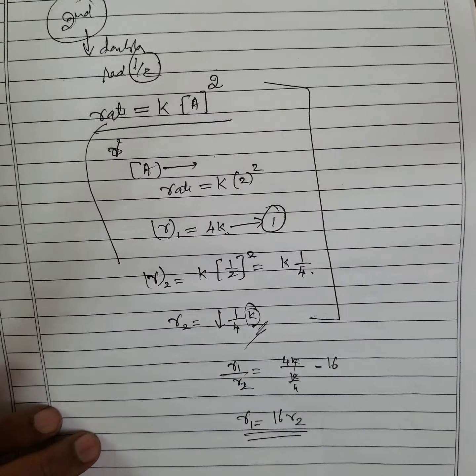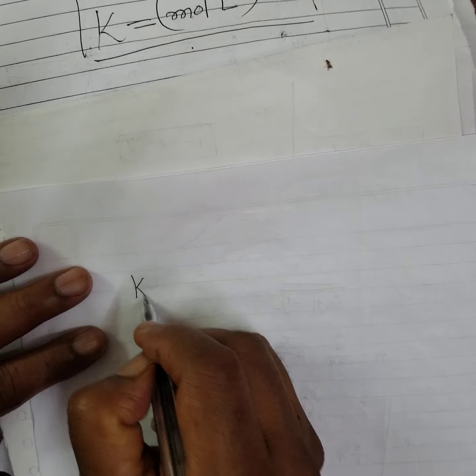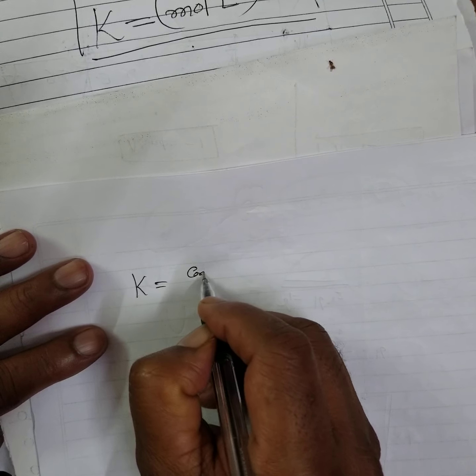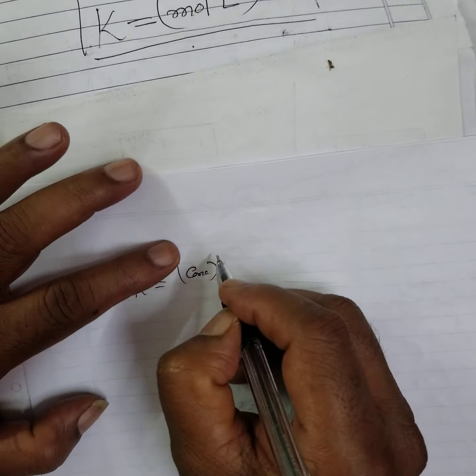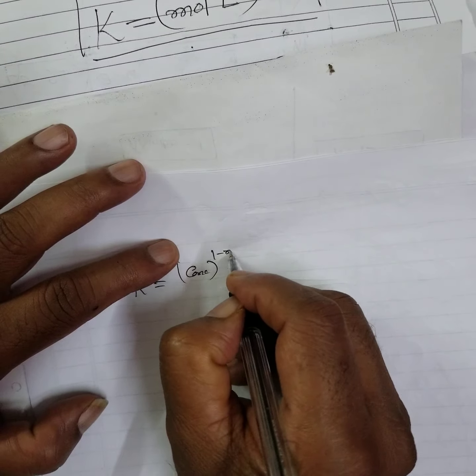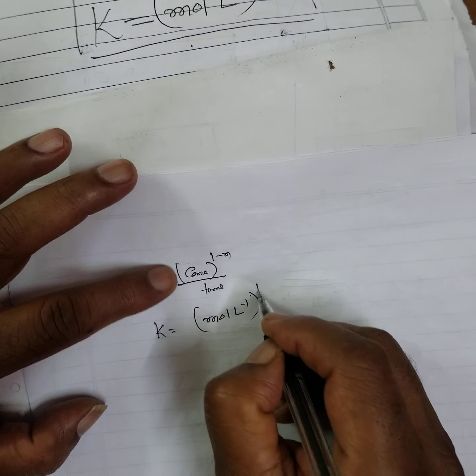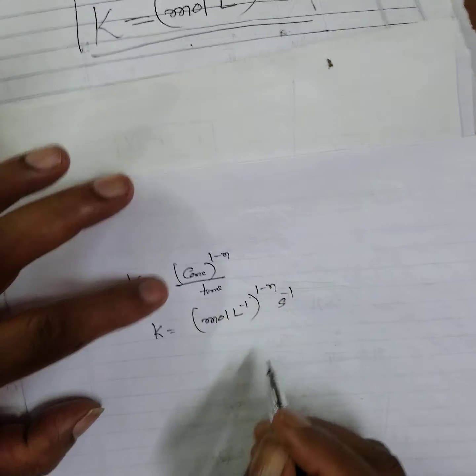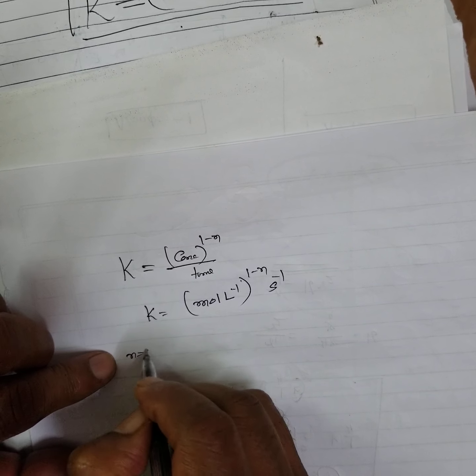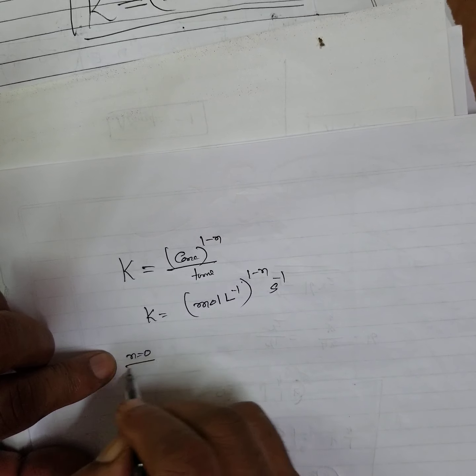Right? See, always remember K is equal to concentration to the power 1 minus n by time. That is, K has units of mole per liter to the power 1 minus n per second. If n is equal to 0, what will happen? It is a zero order reaction.